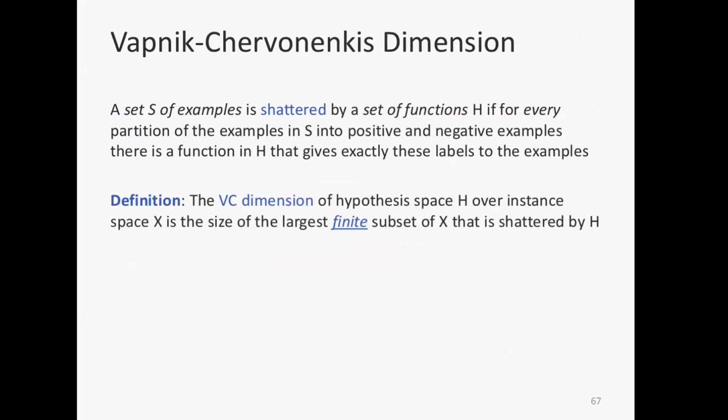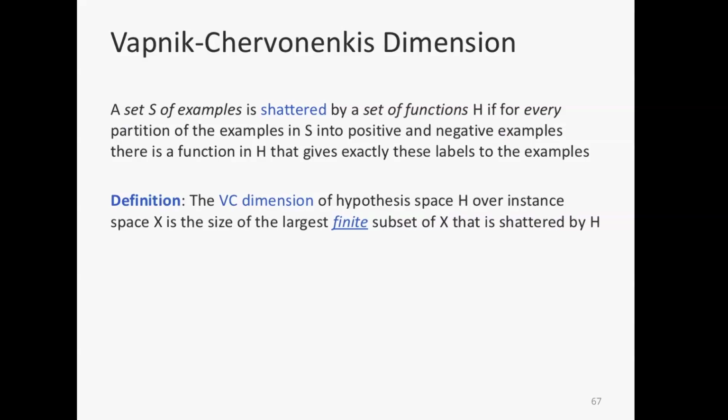The VC dimension of a hypothesis space is simply the size of the largest finite set of examples that can be shattered. It's just the size of the largest set of points that can be shattered by this function class.